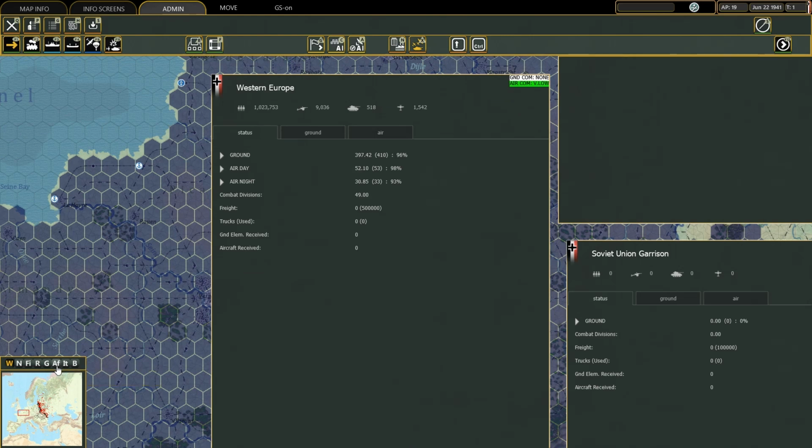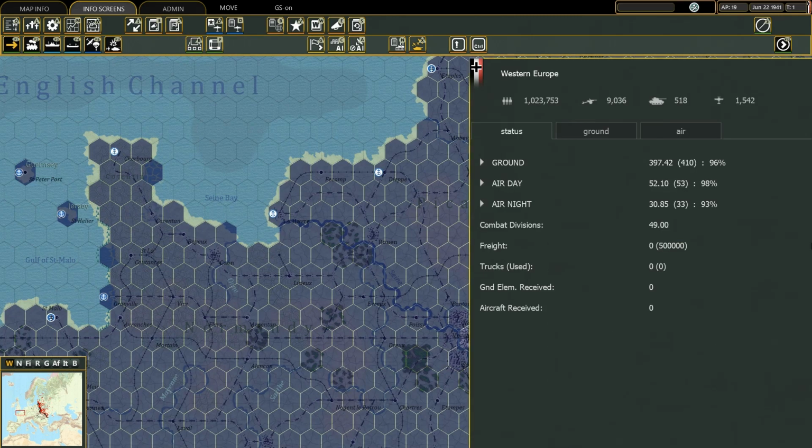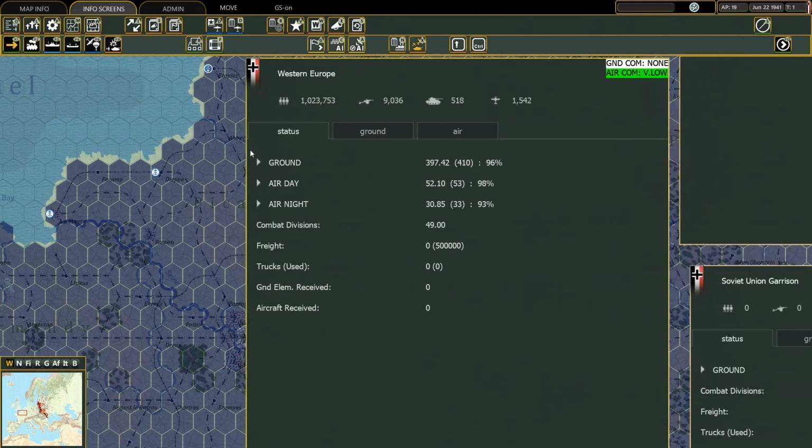These, I think, can be changed, as well as the percentage of TOE of the units in theater boxes, and this can be changed via the commander support, but we will see it in a dedicated tutorial.